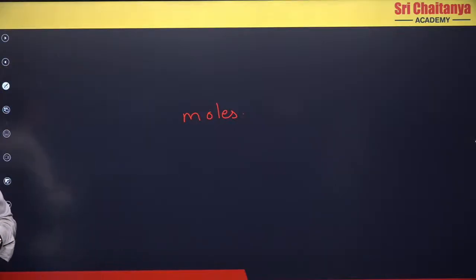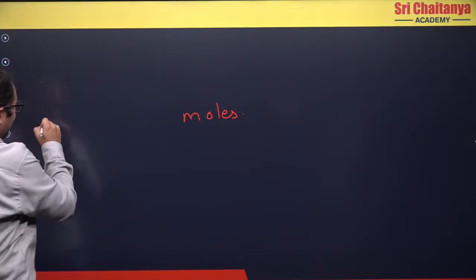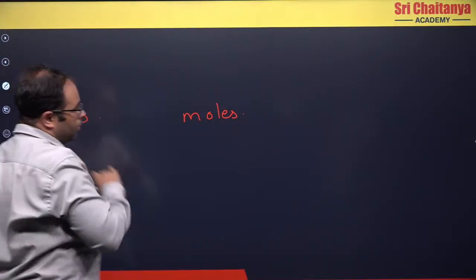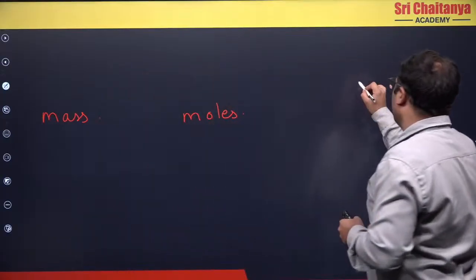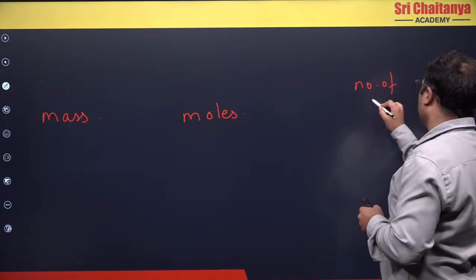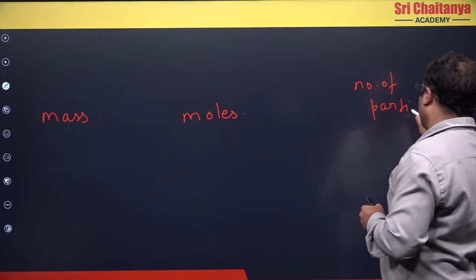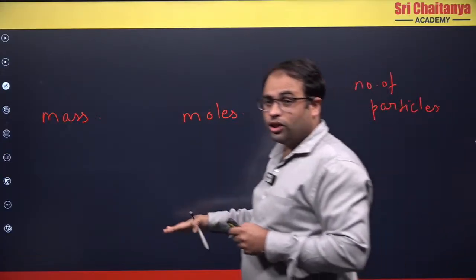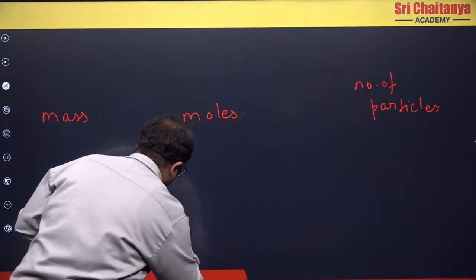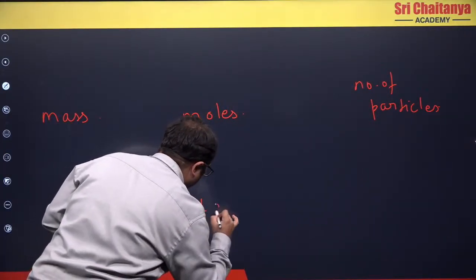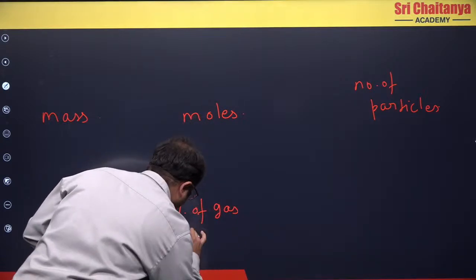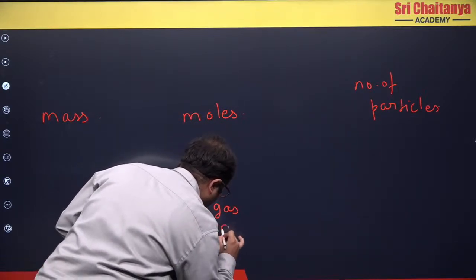Write that in the center. On one side, let us write mass. On the other side, I will write number of particles. Just below this, I will write volume of gas at STP.